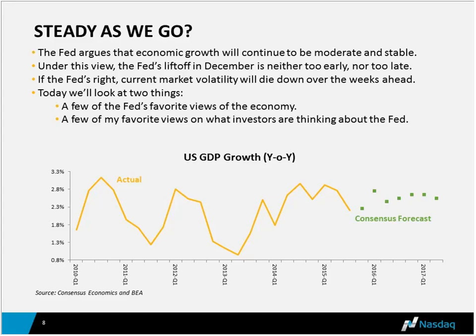So the big issue this year is, will the Fed achieve what some people have called the Goldilocks outcome, where everything is just right? It's neither too hot nor too cold. And in the context of Fed policy, that means that the liftoff, the increase in short-term interest rates that the Fed engineered last December, is neither too early nor too late.